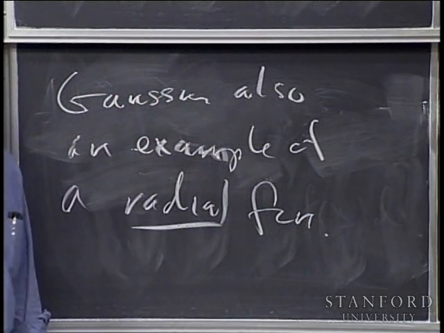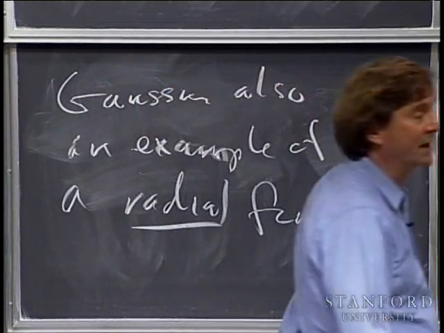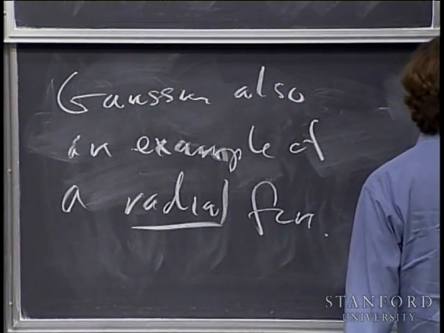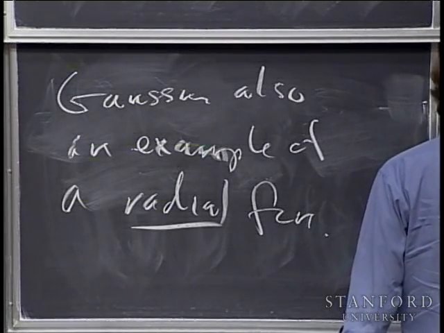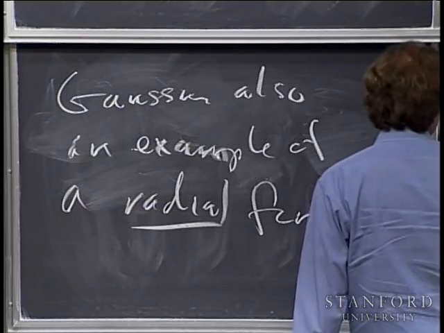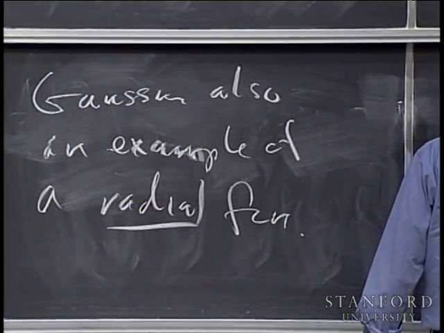Now, by that I mean if you introduce polar coordinates, there's a certain circular symmetry to the Gaussian. So if you introduce polar coordinates, that is r equals the square root of x squared plus y squared, or r squared is equal to x squared plus y squared.